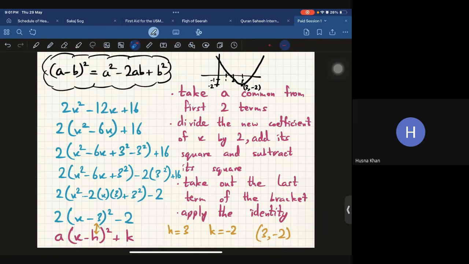But they'll give you options. Option A is the correct one. In B, they'll switch the sign, so they'll make -3 and then 2. In C, they'll swap the numbers. And then in D, they'll swap the numbers with the sign, something like this. So those kinds of things are done.